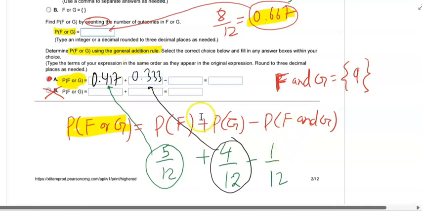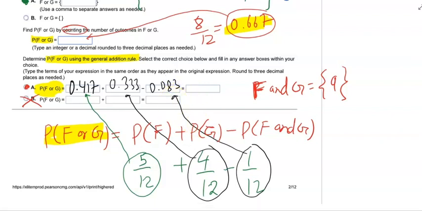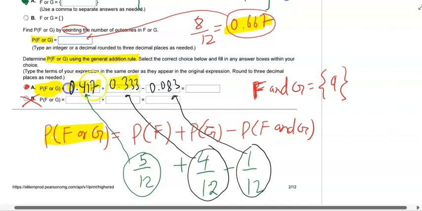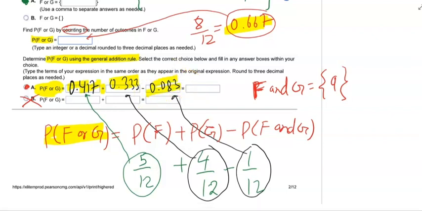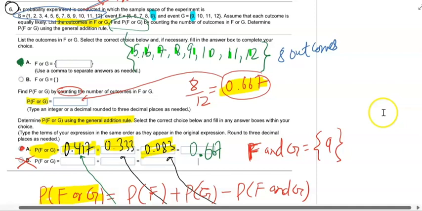And in this box, you type 1 divided by 12, which is 0.083. If you add the first two numbers and subtract this number, you get 0.667, which is the same as we found before by another method.